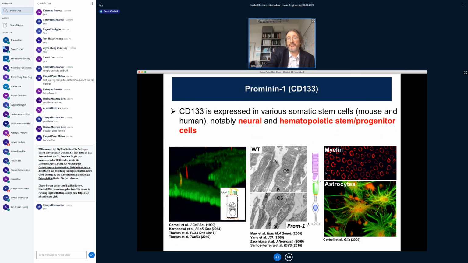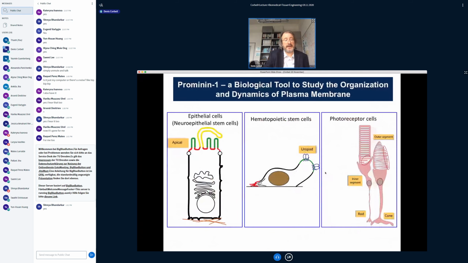So we use different systems, as you can see here, and what we found in one system, like epithelial cell, where this molecule is expressed on the apical surface, we look if it's also true in other systems, like the hematopoietic stem cell. If you remember, last week I was talking that prominent-1 is found in the uropod of these cells, or in photoreceptor cell, where you have the outer segment.